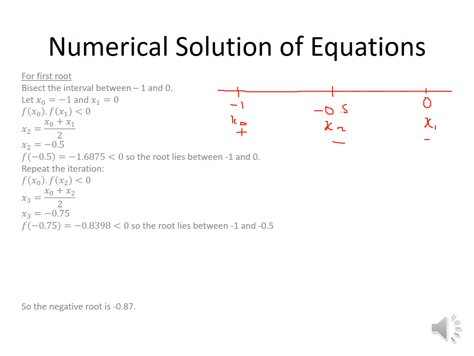And x3 is equal to (x0 plus x2) divided by 2. x0 is negative 1, x2 is negative 0.5. Then divided by 2, we have negative 0.75.